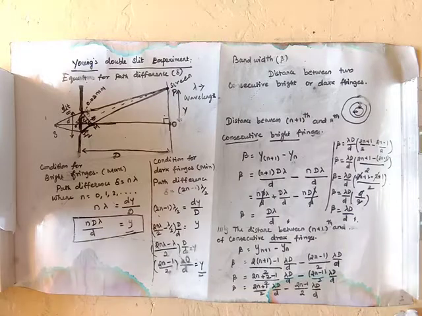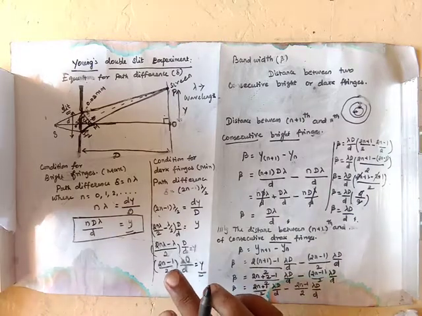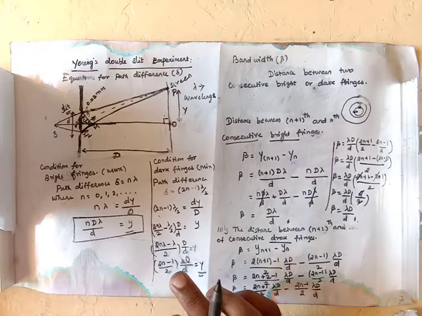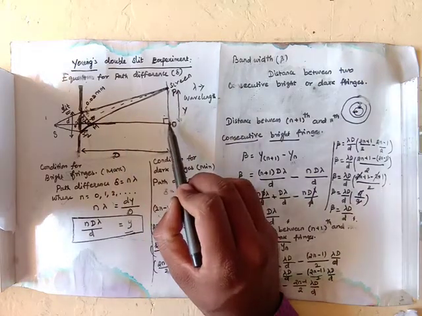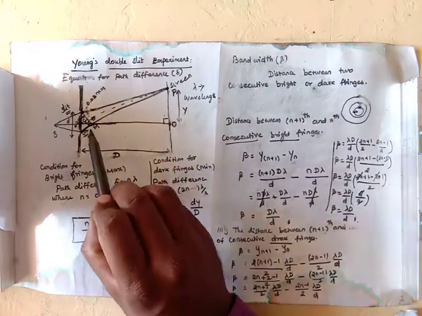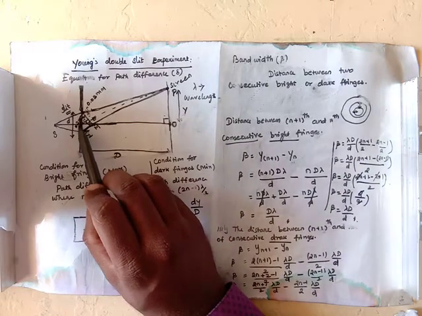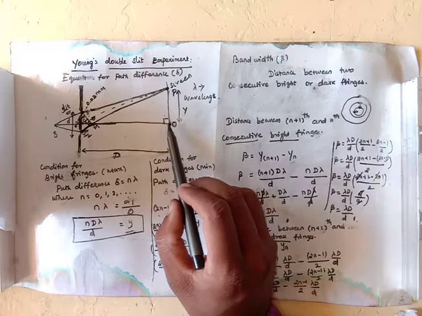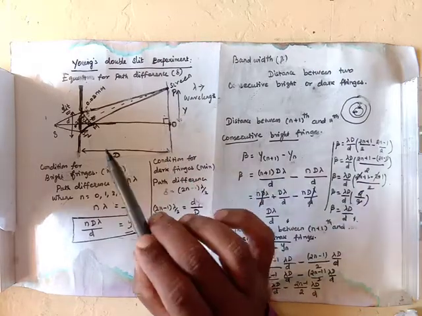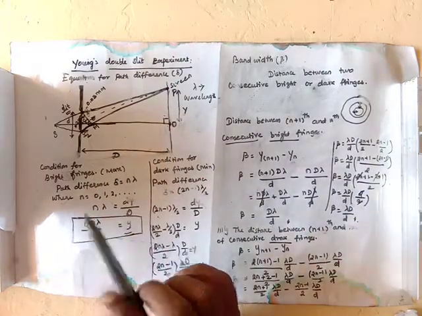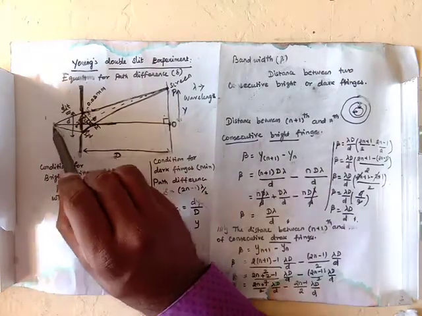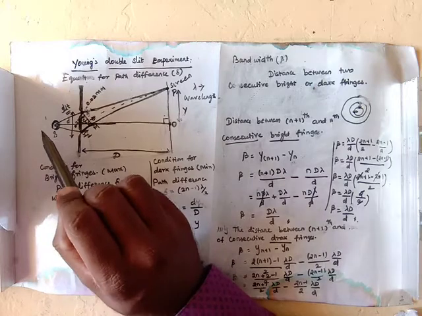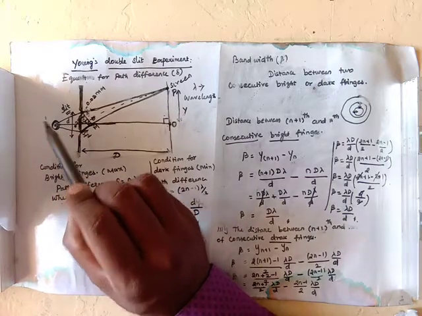Students, three more important questions. What are the conditions for obtaining a clear and broad interference band? First, the screen should be placed as far away from the source as possible. Then the wavelength of the light used must be larger.